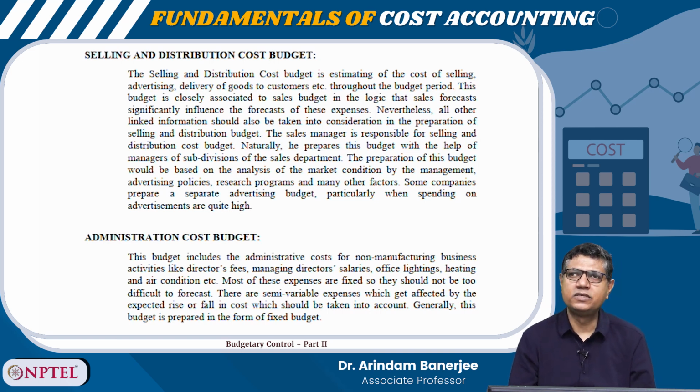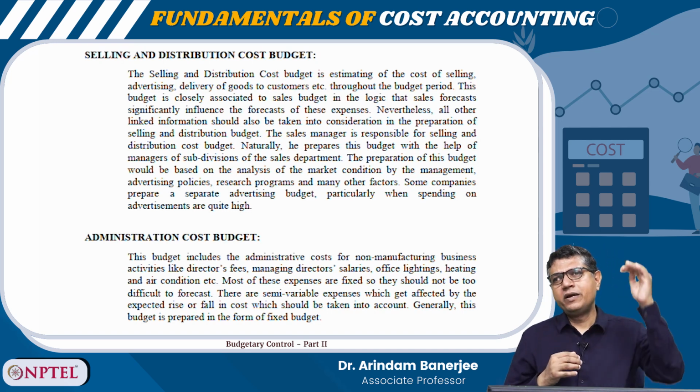So all this comes under the administrative cost budget. A large part of this is actually fixed. It is not directly linked or proportional to your production level. Usually it is fixed. In some cases it can be semi-variable also.